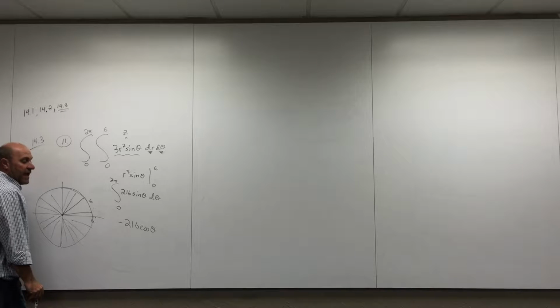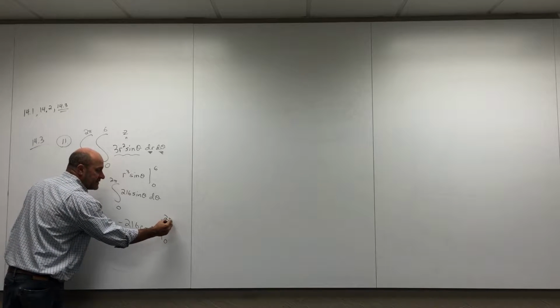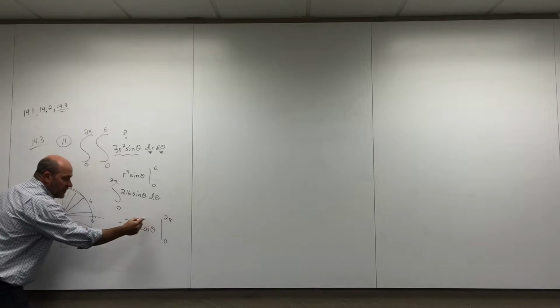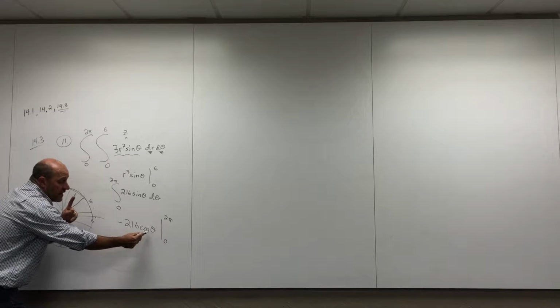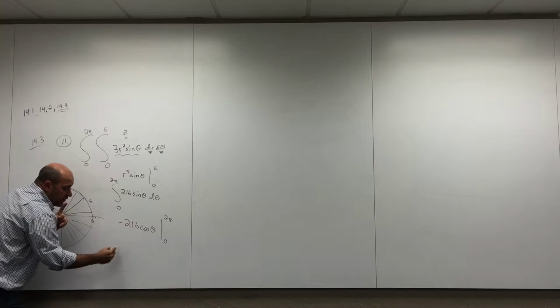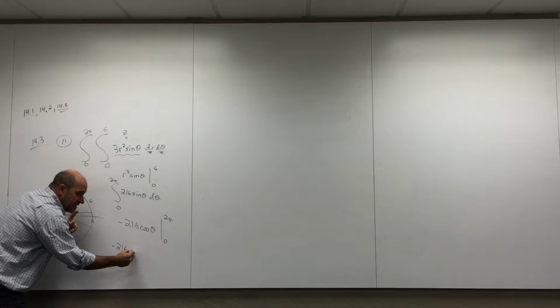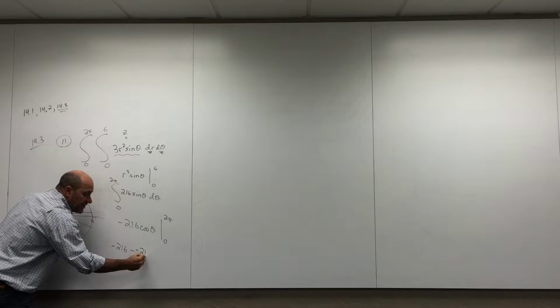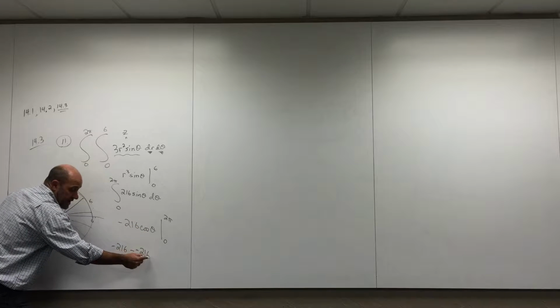That's the antiderivative, and I have to evaluate it from 0 to 2 pi. This could be interesting. When you plug the 2 pi in there, it's the cosine of 2 pi, which is 1. But it's multiplied by negative 216, so we get negative 216. Minus the negative 216 times the cosine of 0. The cosine of 0 is 1.